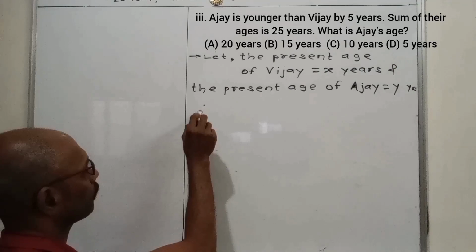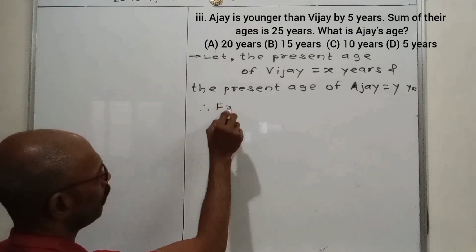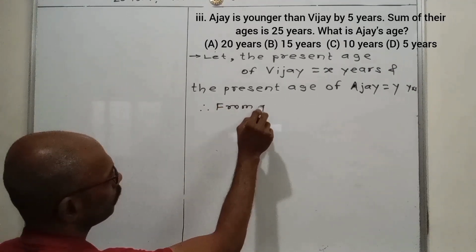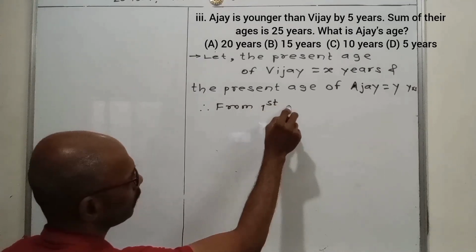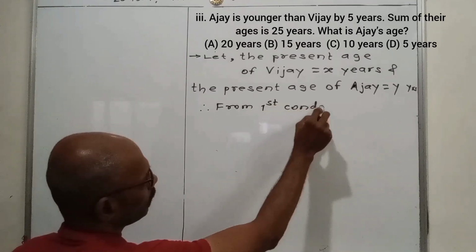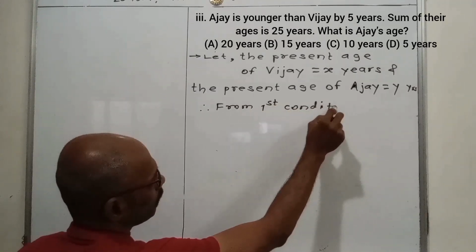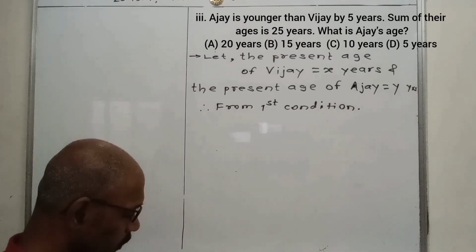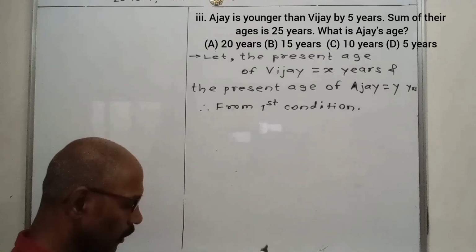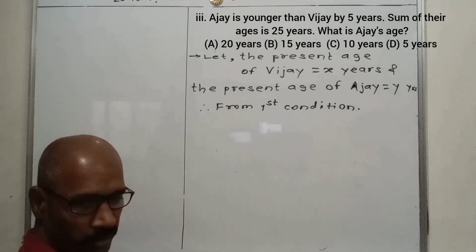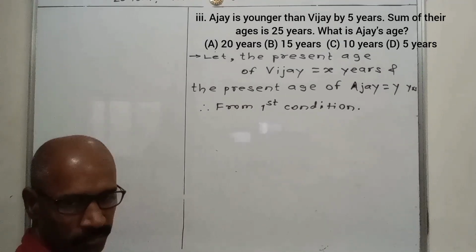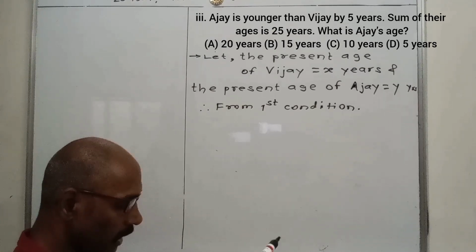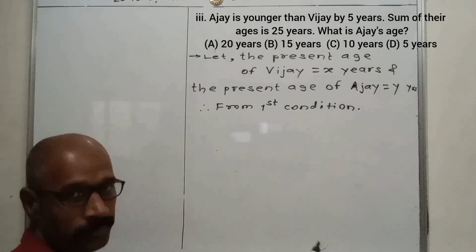Therefore, from first condition, what is the first condition? Ajay is younger. Younger means smaller. Younger than Vijay by 5 years.